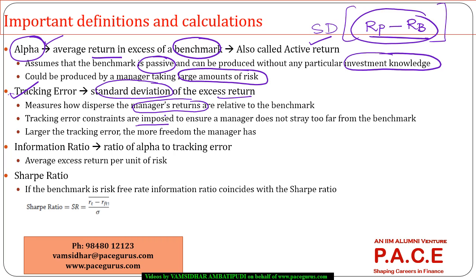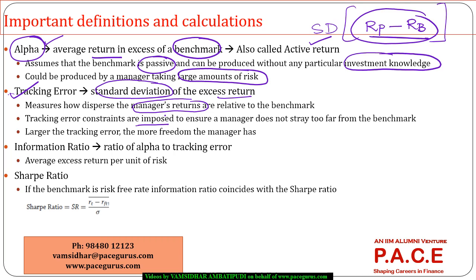If the tracking error that has been set for a particular manager is higher, it means I am giving more and more freedom to him to experiment, to take risk as a part of the investment strategies that he is following. So the higher the value of the tracking error, the more freedom I am giving to the portfolio manager.